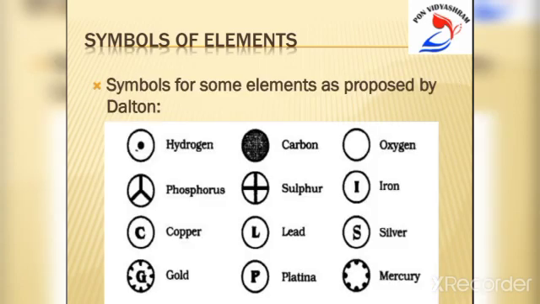Dalton was the first scientist to use symbols to represent elements in a short way. Dalton's symbol for an element represented the element as well as one atom of that element. Some of the symbols of elements given by Dalton are shown below.